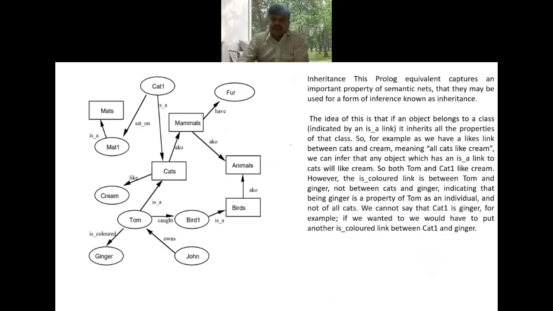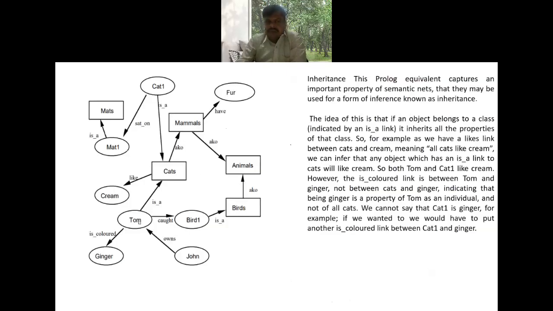Next, coming to inheritance. We need to come across the term inheritance. So what is inheritance? Here, for example, cat is a mammal. Mammal has fur, and it is also an animal. Mammal is an animal. So cat has fur. Since mammals have fur, cats can also have fur.